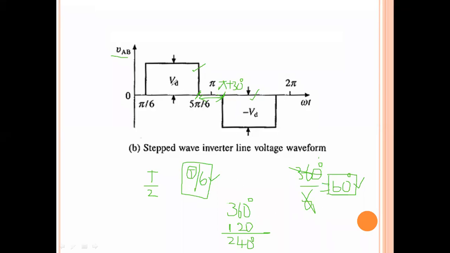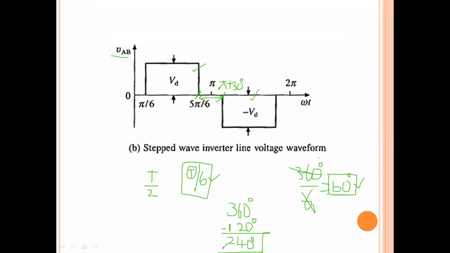If we subtract 120 from 360, we have 240 degrees left.